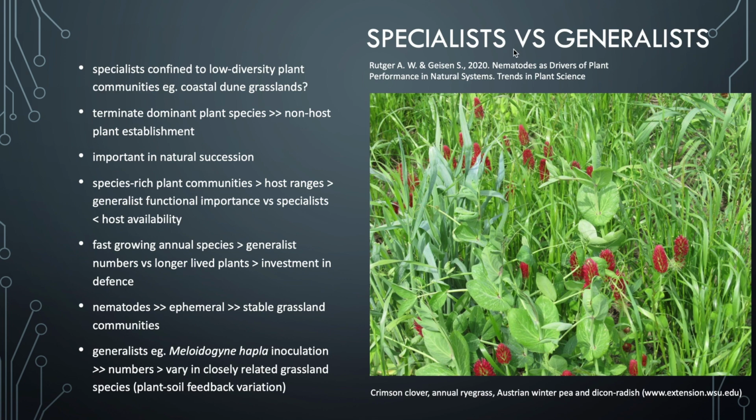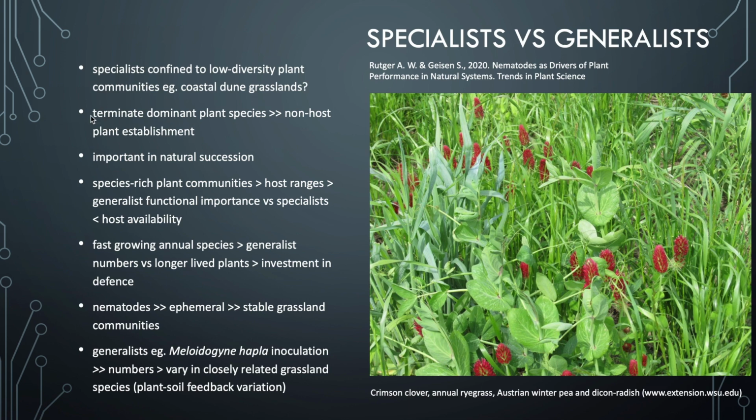So let's look at specialists versus generalists. So specialist nematodes are confined to low diversity plant communities, such as coastal dune grasslands, for example. And these guys terminate dominant plant species and allow for non-host plant establishment. Because when there is low diversity, such as is present in agricultural soils or in coastal dune grasslands, when these nematodes take over, they basically have a party with these plants.